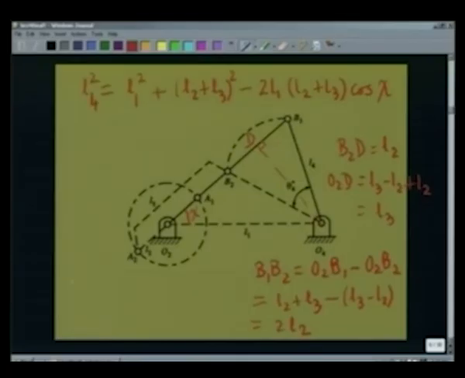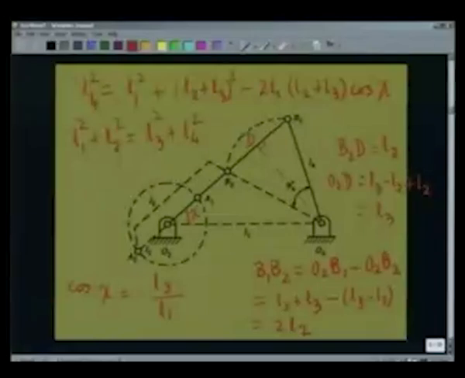So, cosine chi is L3, that is O2D, divided by O2O4, that is L1. So, we substitute this L3 by L1 here, and if we substitute this, we can easily show we will get L1 squared plus L2 squared will be the same as L3 squared plus L4 squared.